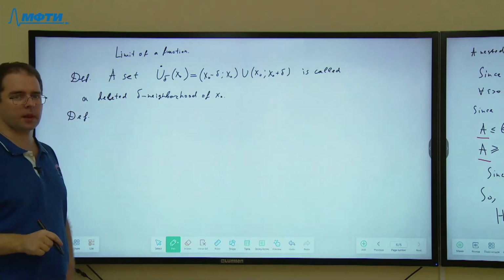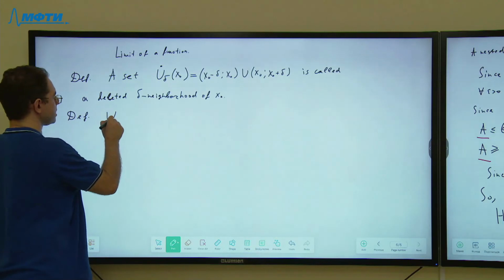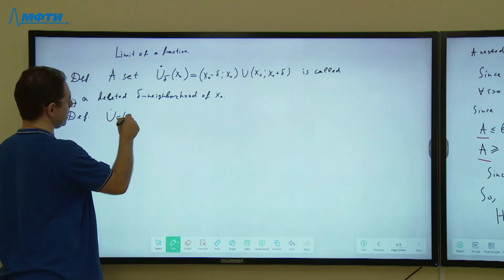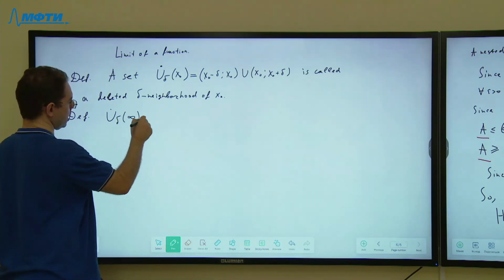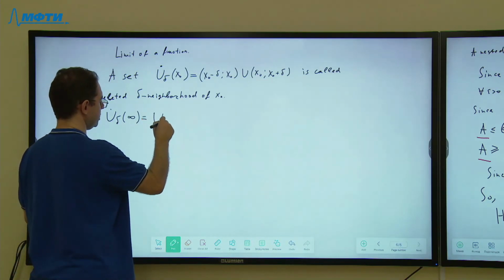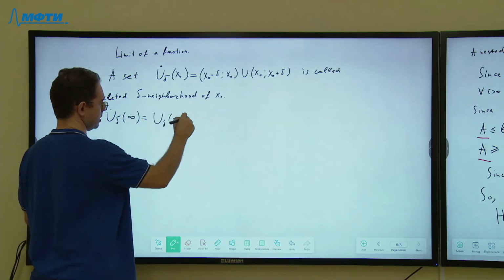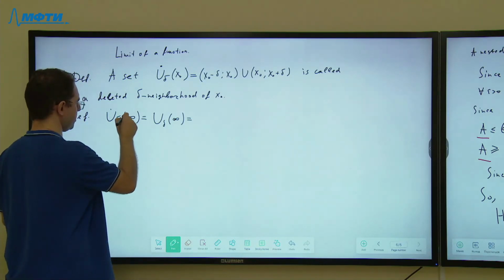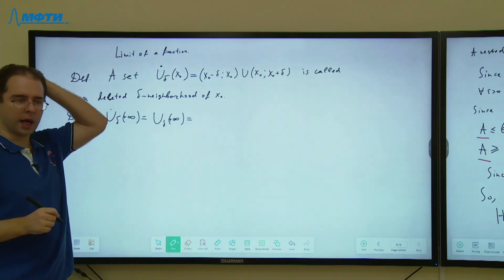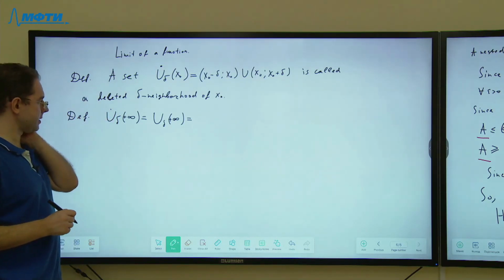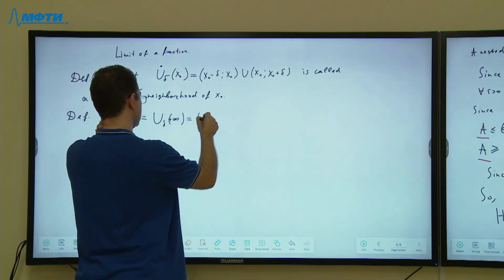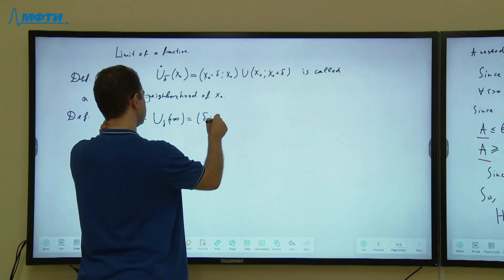Definition. A deleted delta neighborhood of infinity, I will define as just the neighborhood of infinity. Let's start with plus infinity. The deleted neighborhood of plus infinity is the same as the neighborhood of plus infinity, and this is the set from delta to plus infinity.